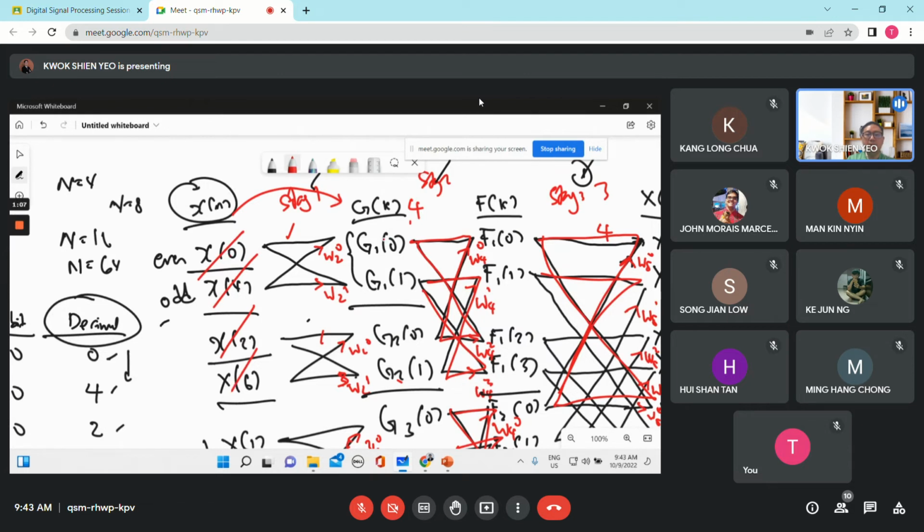Then you have g1, g2, g3, g4. And from this stage to this stage, the memory can be replaced by the new value of f already.